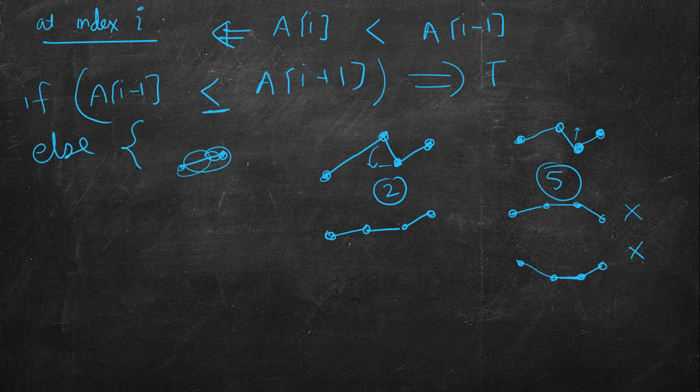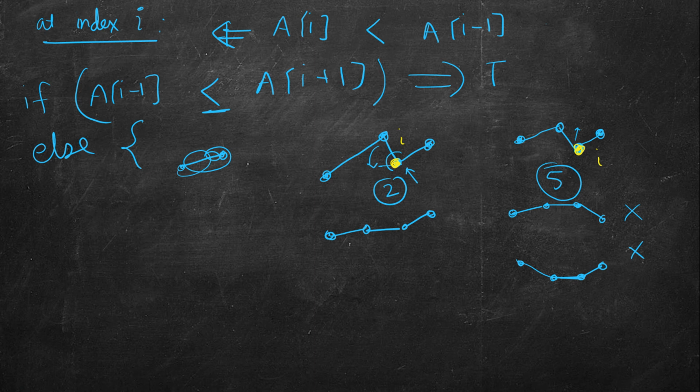So how to distinguish between these two? So this is the index i in yellow. This node is i. Here this node is i. And previous is more than next in both cases.